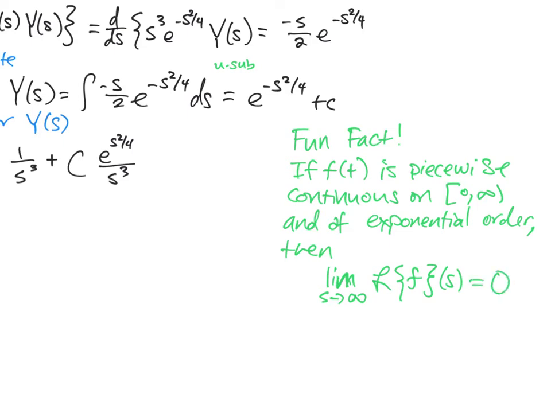And we've seen this. If you look at the table of Laplace transforms, they all look like 1 over s and stuff like that that will vanish as s gets big.